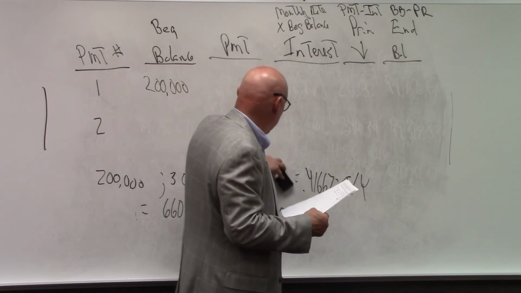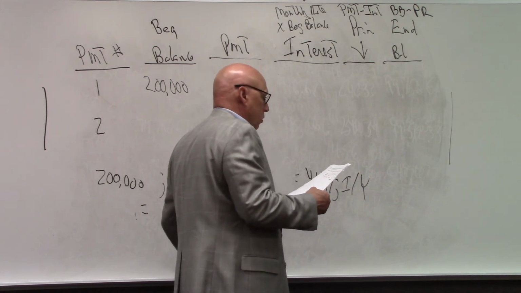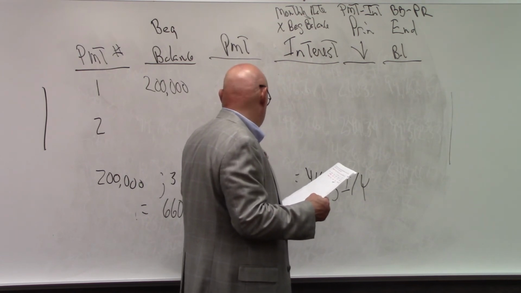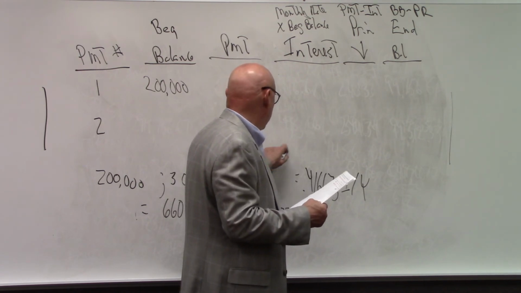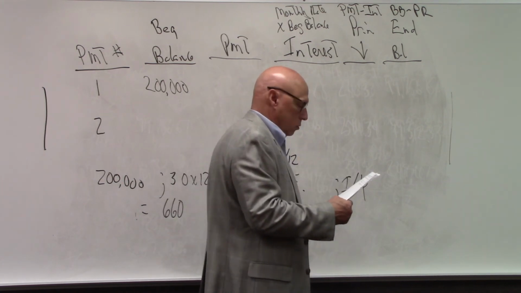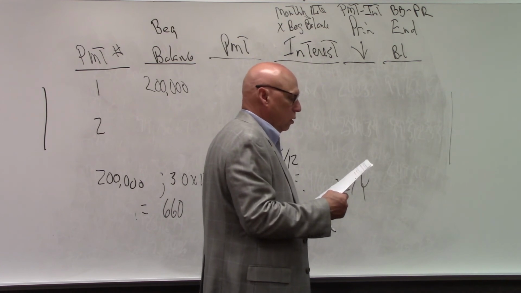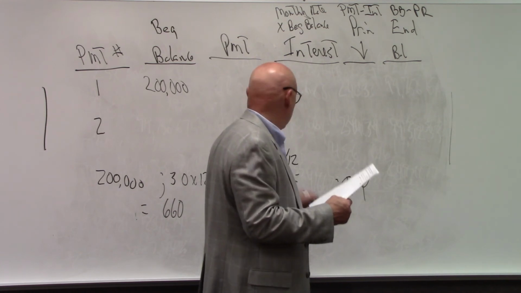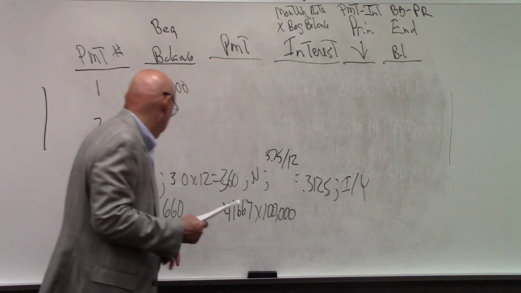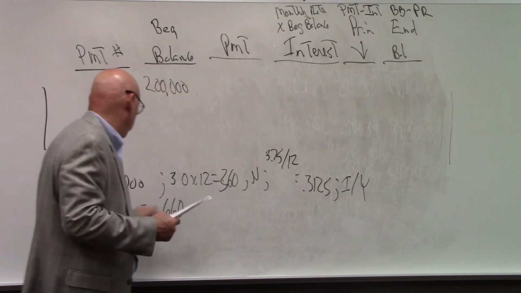And then let's find the interest rate. 3.75. So that's 3.75 divided by 12, which is 0.3125 is your IY. Okay.